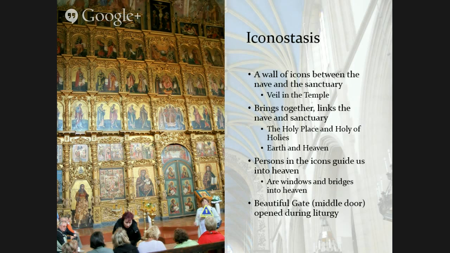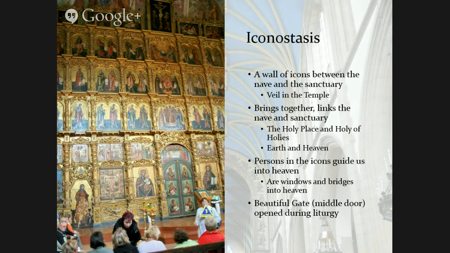It was separated by a veil, and only the high priest was allowed to go back there. On Yom Kippur, the high priest would go back there and bring the sins of the people to be forgiven. So the theology builds upon the veil of the temple, which at that time was more like a barrier. But now, in the Eastern Church, they have the iconostasis.